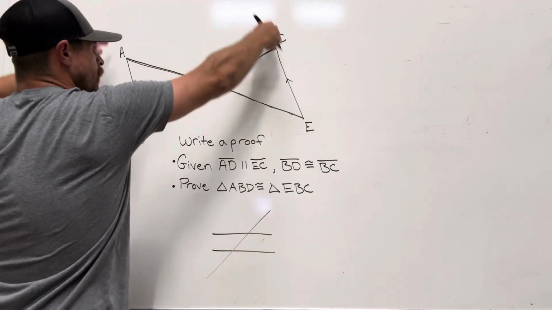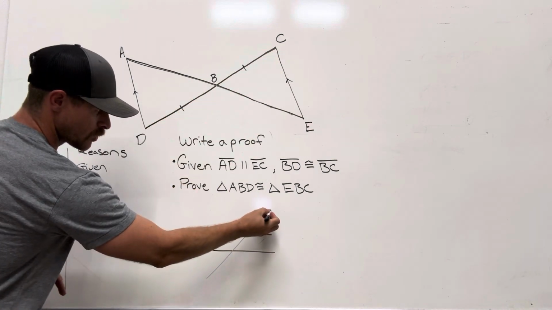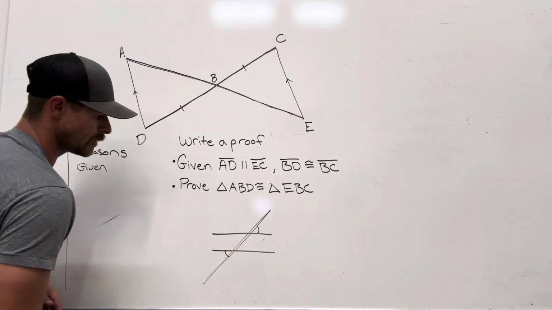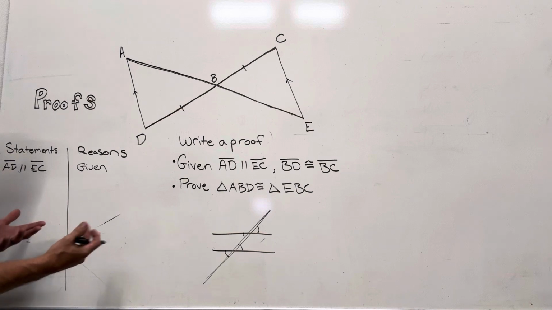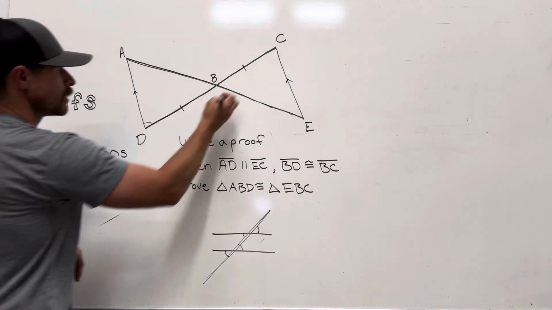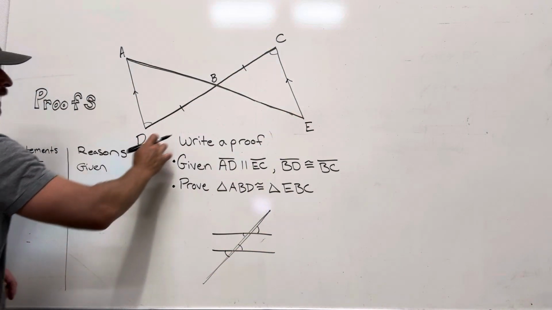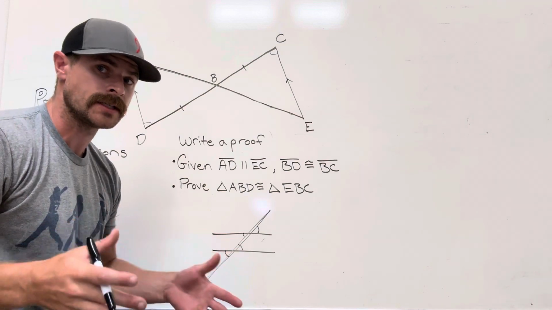If these lines are parallel, we can look at segment DC as the transversal. And remember, it's creating alternate exterior angles, alternate interior angles. And we're gonna be using that theorem right here. This angle here is an alternate interior angle to this angle here. So angle D and angle C, we know are congruent because they're alternate interior angles.